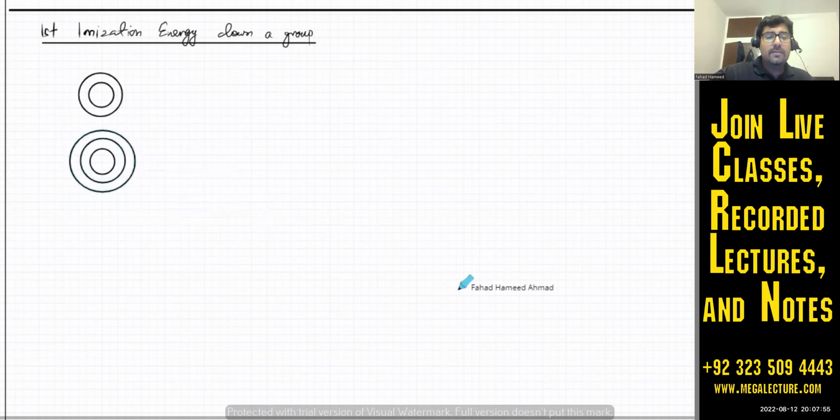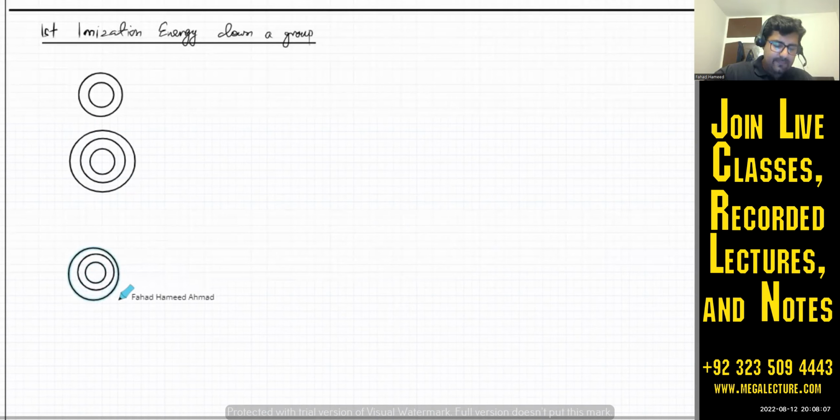Again, we're only talking about removing the first electron. After sodium there's going to be potassium, which has even more shells: 2, 8, 8, 1. So there's going to be one more shell.